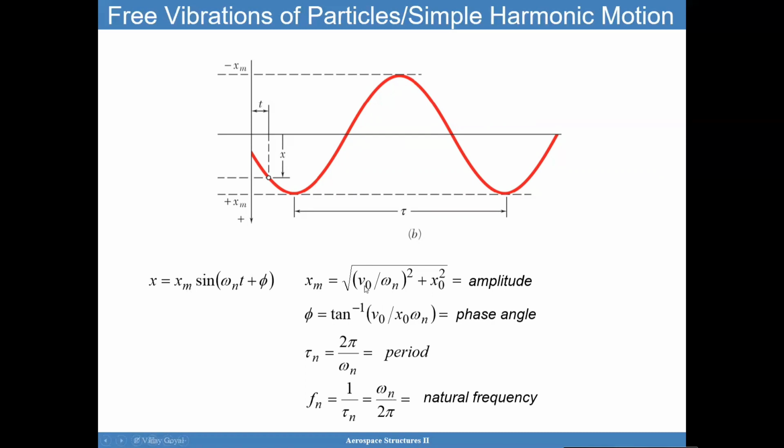So given the initial velocity, the initial deflection, and the natural circular frequency, I can tell exactly what the amplitude is going to be. And that's quite amazing. This also tells us the phase angle, this phi here. So once I know x_m and phi, I know exactly how to describe this motion. Because again, omega n is equal to the square root of k over m.